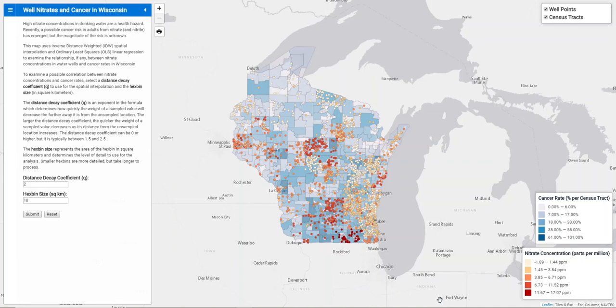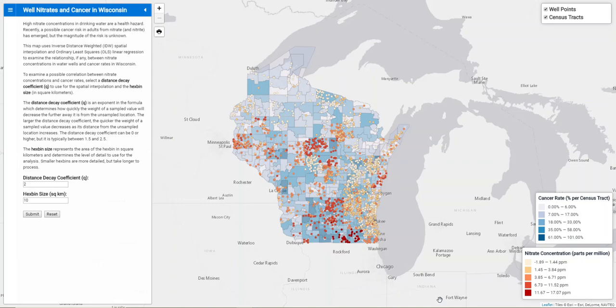This assumption can be tested by running a Moran's I test on each dataset in ArcGIS. Based on the results of those tests, both datasets exhibit statistically significant clustering, with a less than 1% chance that either pattern is a result of random chance. Because of this, the data can be used to interpolate nitrate concentrations and cancer rates to any location in Wisconsin.